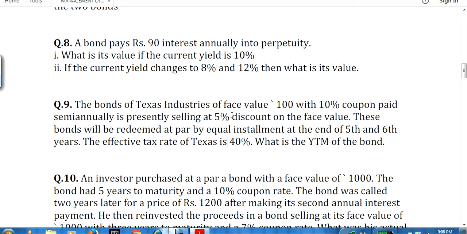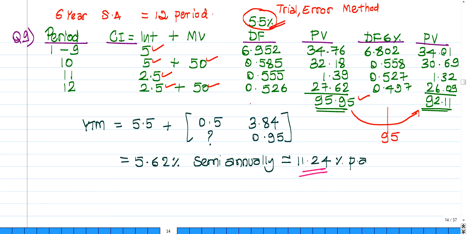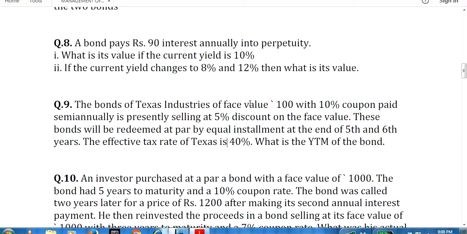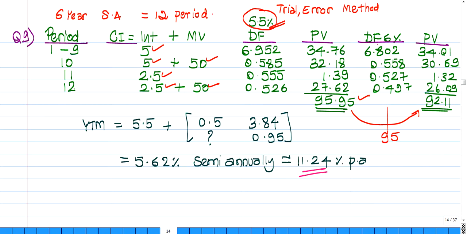That's why the YTM should be at least more than 5%. Okay, next discounting factor we have to get at 95. So when we increase the discounting factor it will get reduced, right?